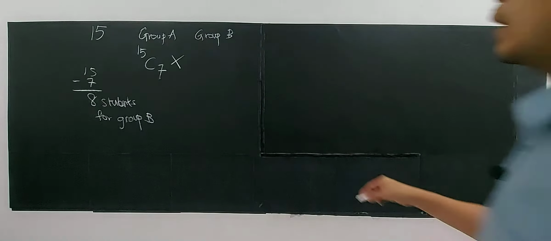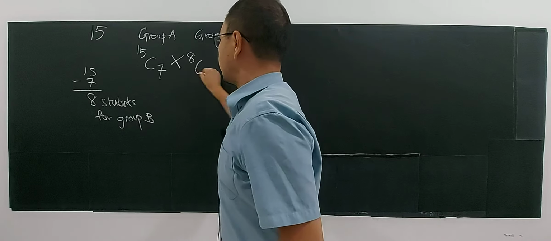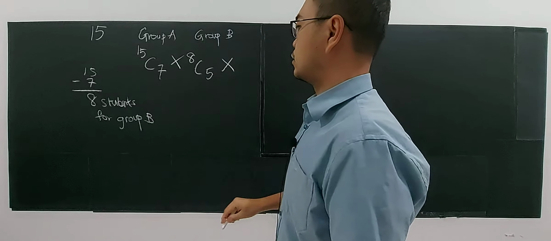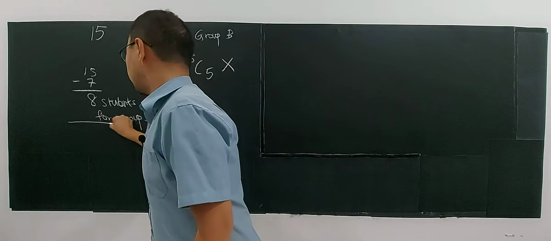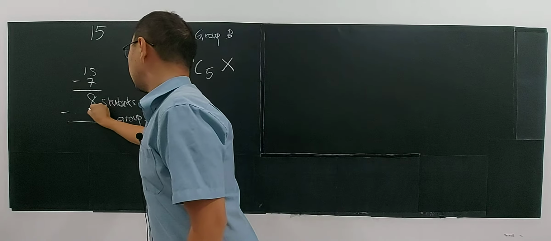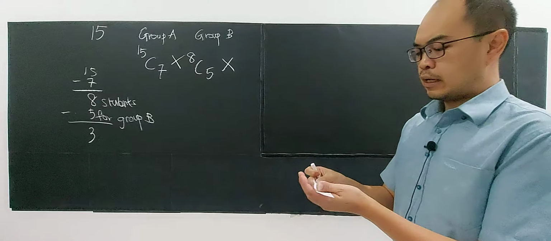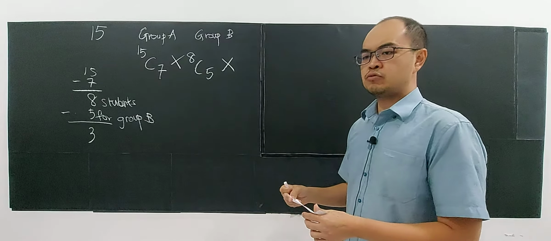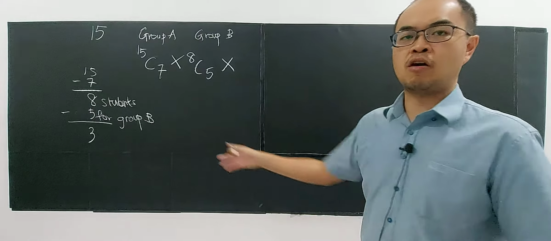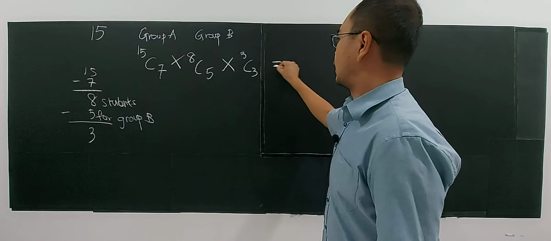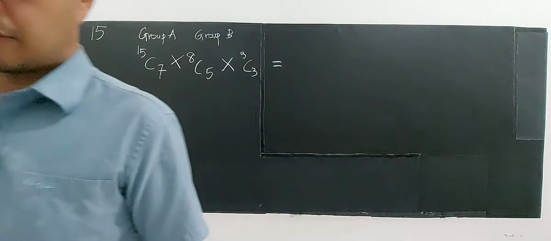So from the remaining 8 students, I choose 5 students. Now minus again, I still have 3 more students only. Lastly, I need 3 more students. Who wants to join? Of course definitely all of them, so 3C3. So now I have already grouped them.